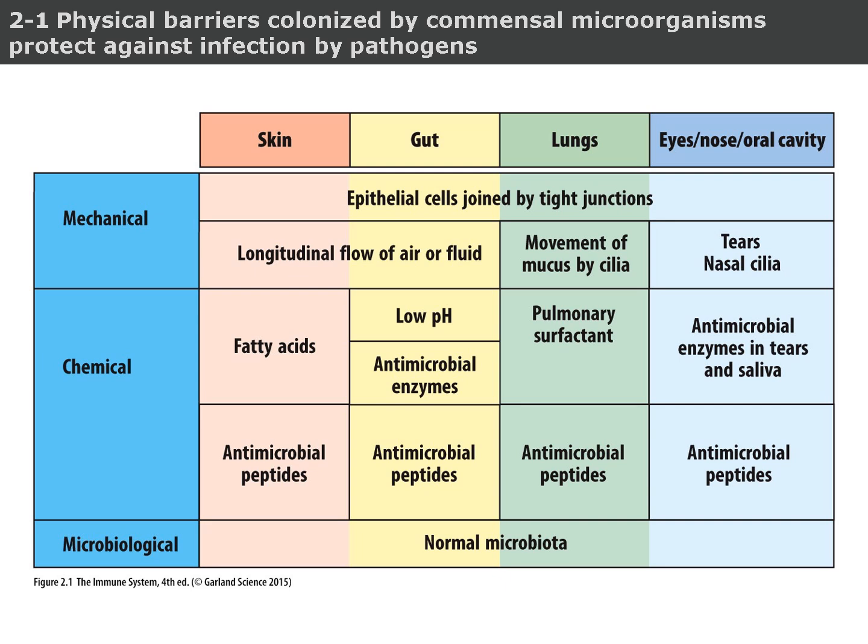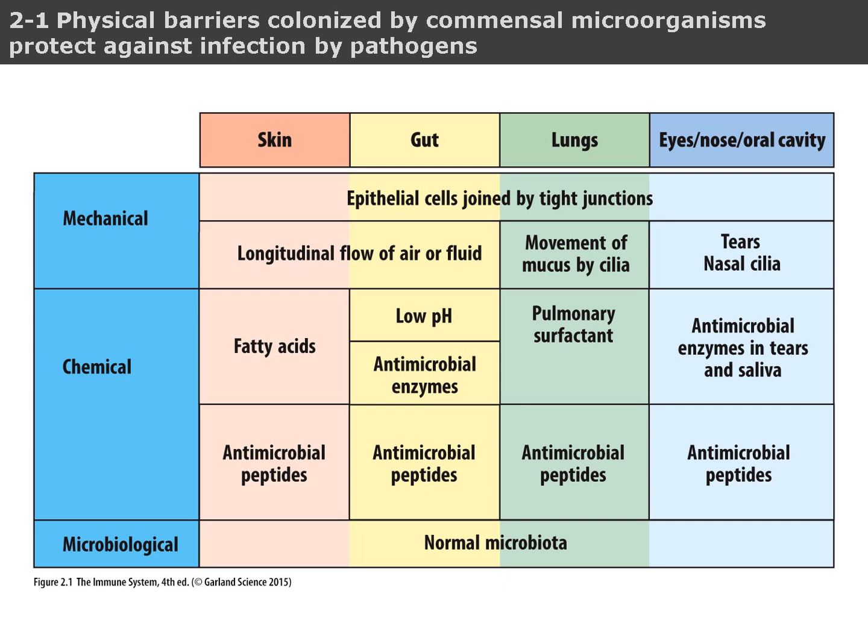This chart highlights 3 layers of protection: mechanical, chemical, and microbiology across 4 key body sites: the skin, gut, lungs, and eyes, nose, and oral cavity. First, mechanical barriers. At all sites, epithelial cells are joined by tight junctions, forming a continuous protective layer.